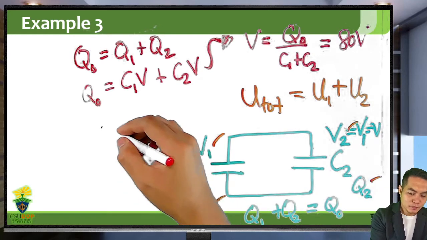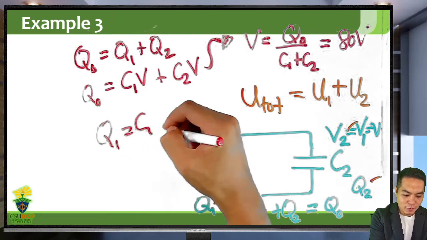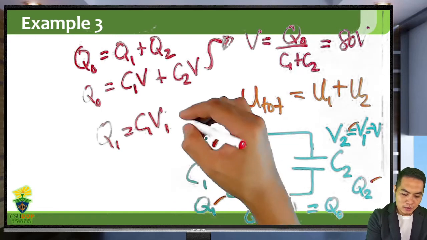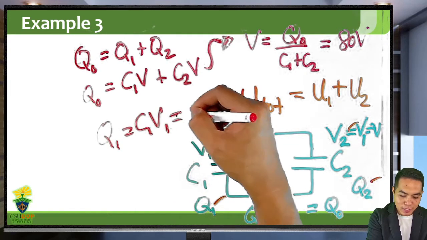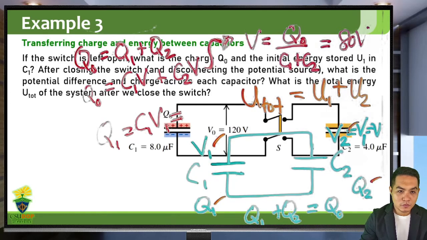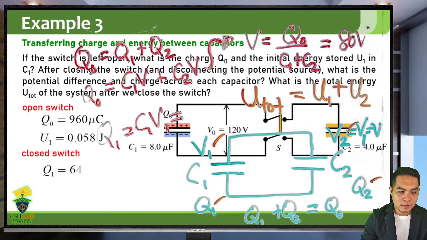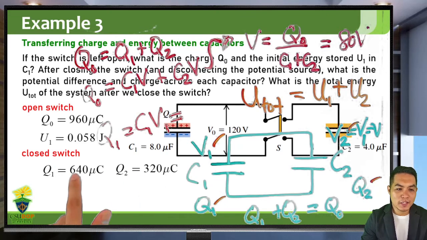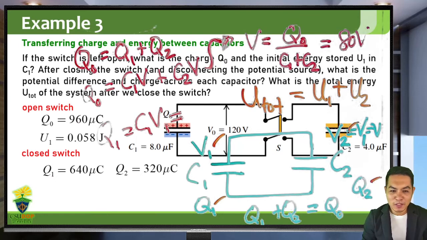And since Q1 is just C1 times V1, where V1 is equal to V, 80 volts, substituting the values of C1 and V1 will give you this value here. Q1 will be 640 microcoulombs, and Q2 will be 320 microcoulombs. You'll notice that if you add these two, you will get 960 microcoulombs. So the charge is divided among the two capacitors connected in parallel. And of course, V1 and V2 is equal to 80 volts.